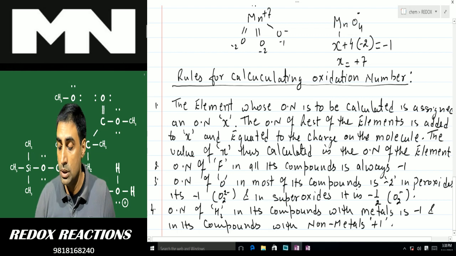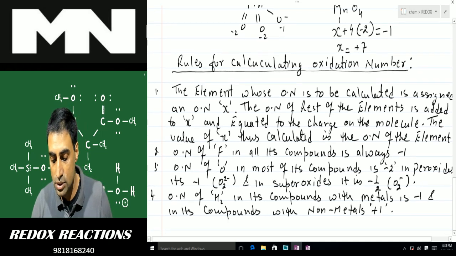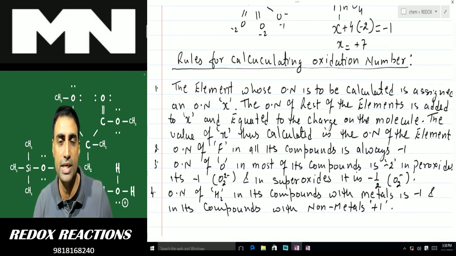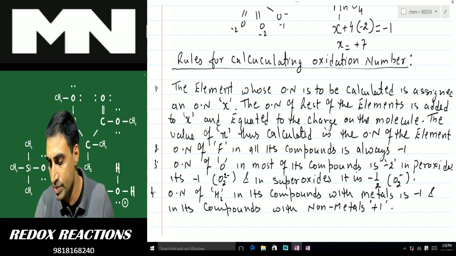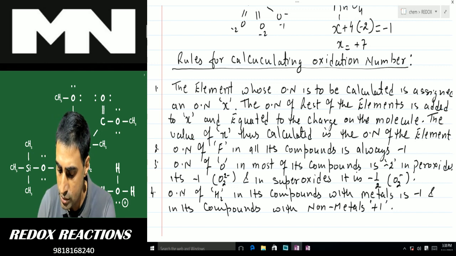So hydrogen is more electronegative than metal. That's why it can gain electrons from metal, and that's why its oxidation number in its compounds with metals is -1. Whereas in its compounds with non-metals, they are always more electronegative than hydrogen. So they withdraw electrons from hydrogen, and the oxidation number of hydrogen is +1 in its compounds with non-metals.